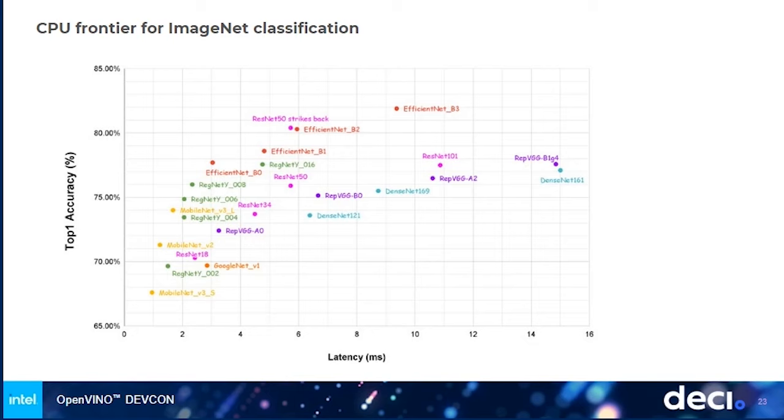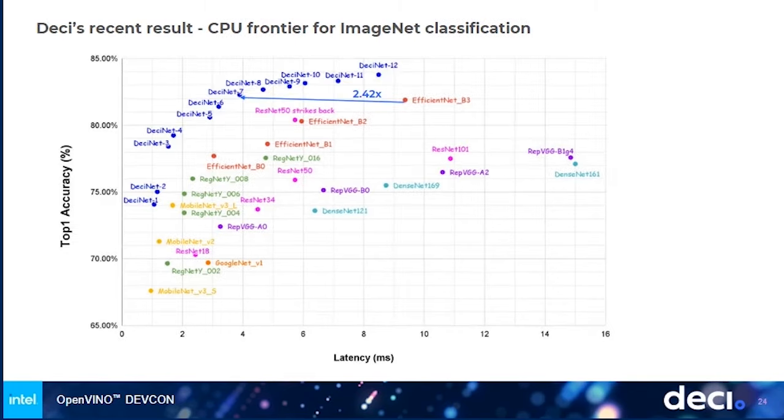So these are the results of our engine. As you can see, our models lie above and to the left of the rest of the models, and we get an impressive boost in performance. For instance, compared to EfficientNet B3, we get a boost of 2.42x faster with our model, and even a slight improvement in accuracy.